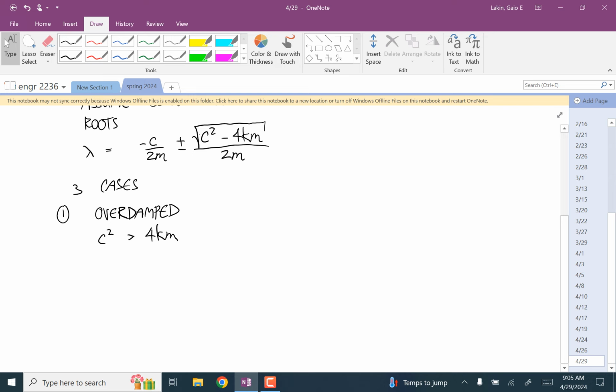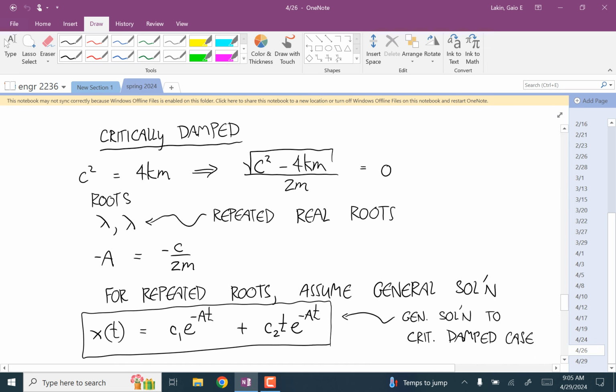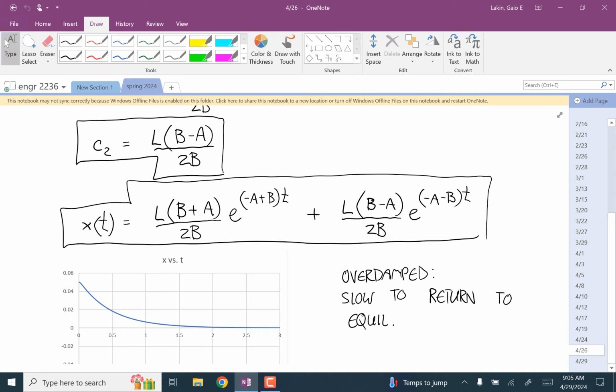And what we got for solutions, after using the boundary conditions, we got that x was equal to, let's see, well, that's ugly.